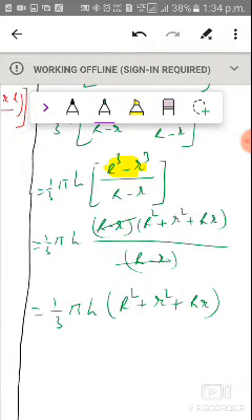Only you should know which one is the greater radius and which one is the smaller radius. So this is the frustum of a cone. We got the formula for the volume of the frustum, we got the CSA of the frustum, and we got the TSA of the frustum.